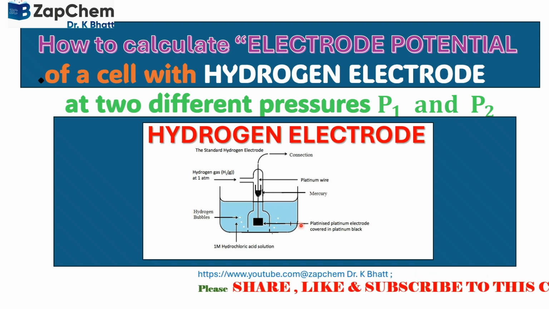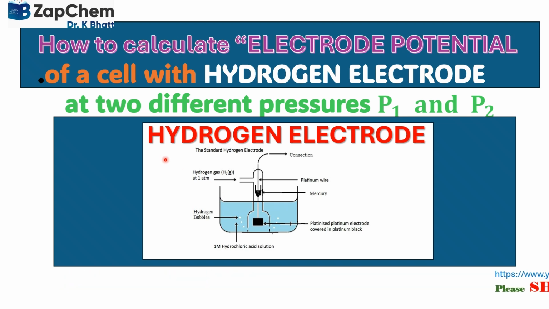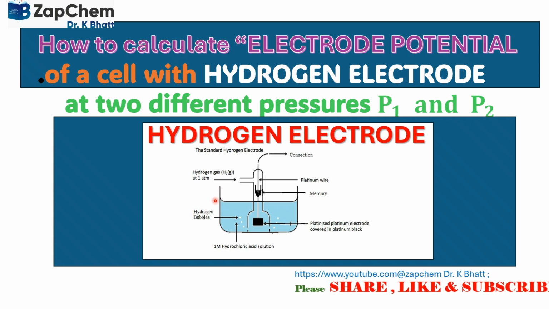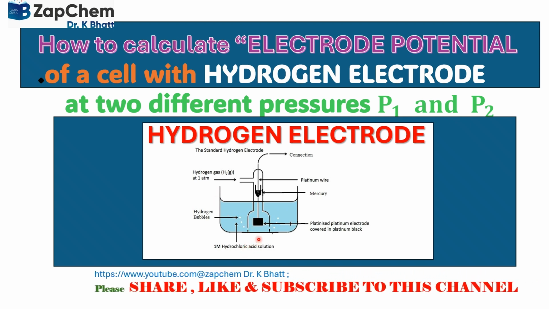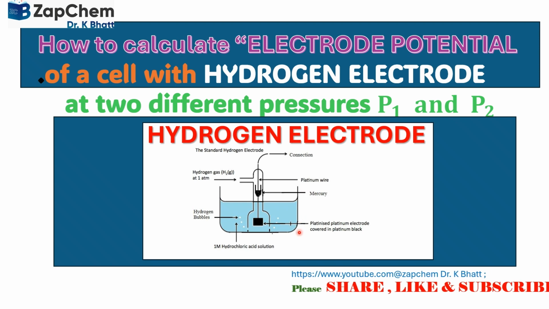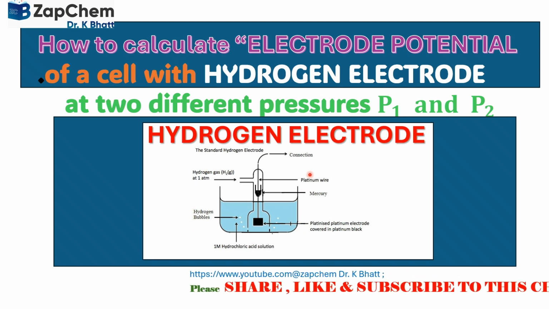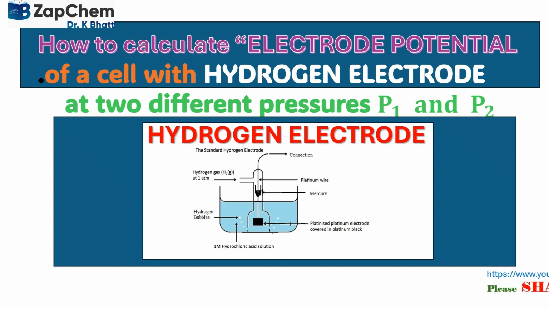This implies that the pressure of the hydrogen gas is 1 atmosphere or 1 bar, and the concentration of hydrogen ion in the solution is 1 M. So here is a 1 M hydrochloric acid solution. And as you find, the figure illustrates the hydrogen electrode and its composition.